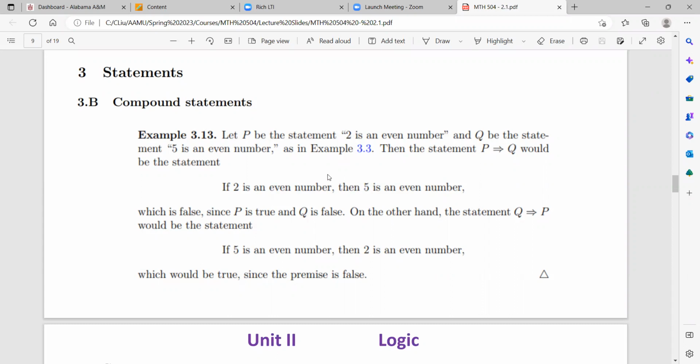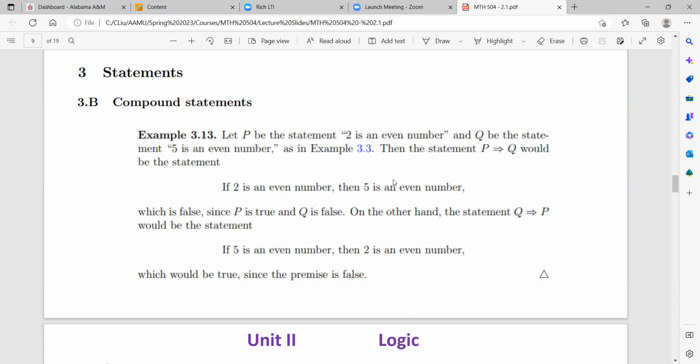That's exactly that situation, so that compound statement must be false, according to the definition. And if you try to understand this compound statement from the wording, it could be very confusing.